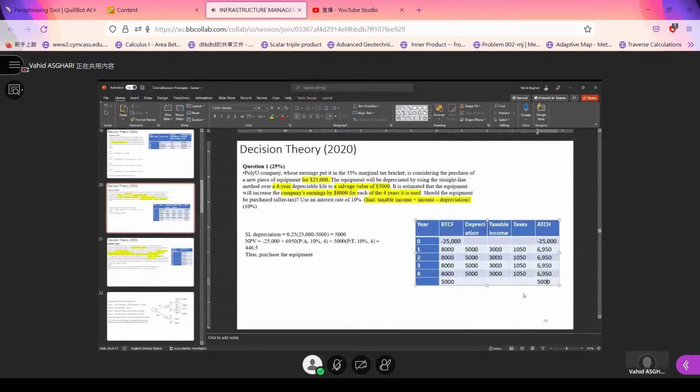If you remember, there were 3 methods for finding the depreciation amount. Can anybody tell me what those 3 depreciation methods were? Straight line.